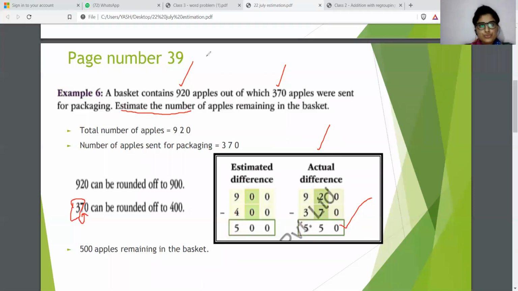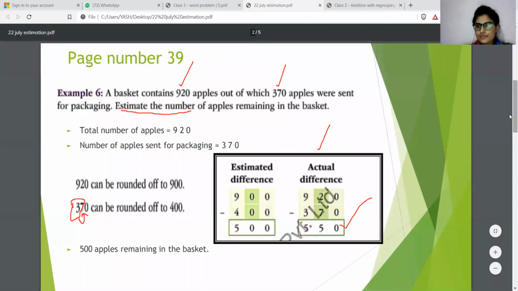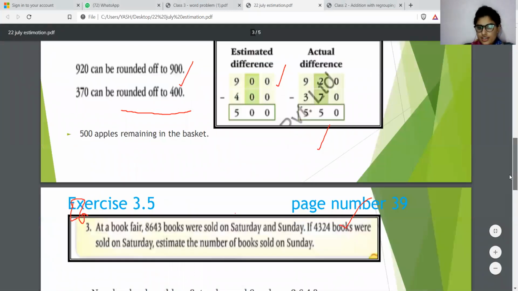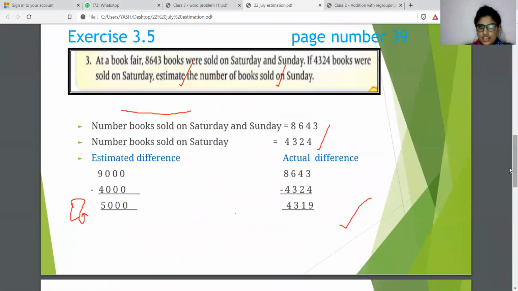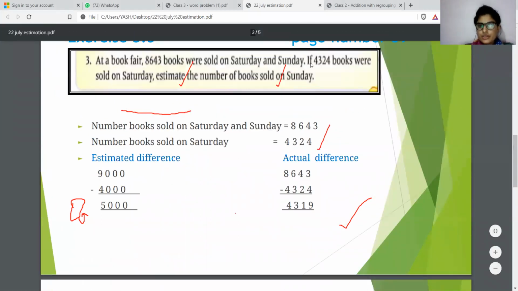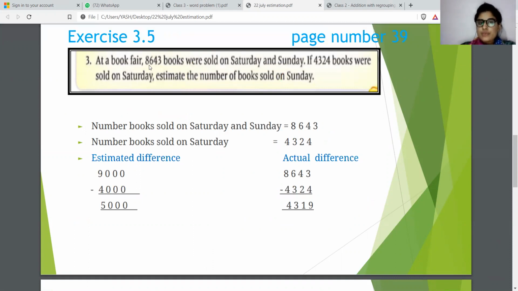Now we will go to the next question. So the next question is this. It is written there is a book fair. At a book fair, 8,643 books were sold on Saturday and Sunday. So on Saturday and Sunday, how many books were sold? 8,643.